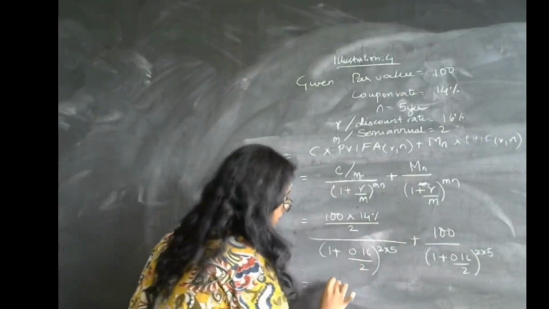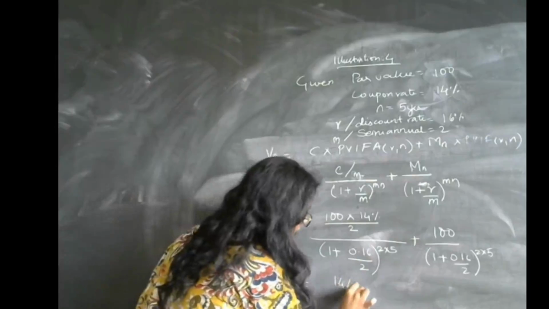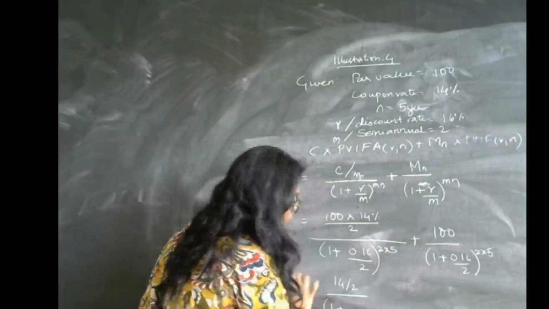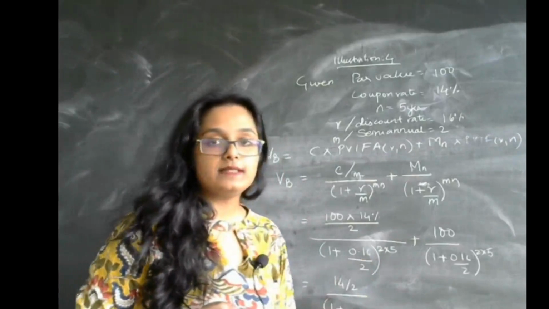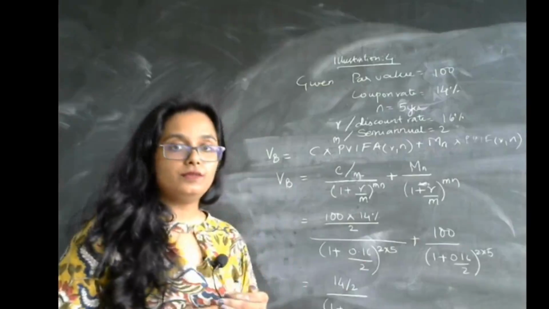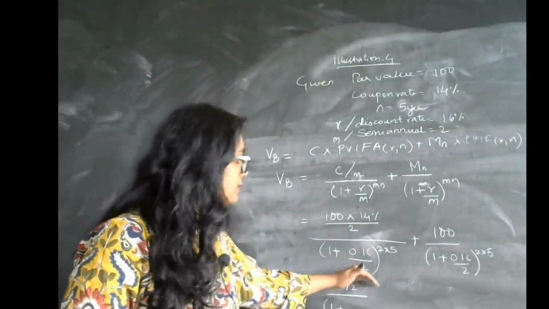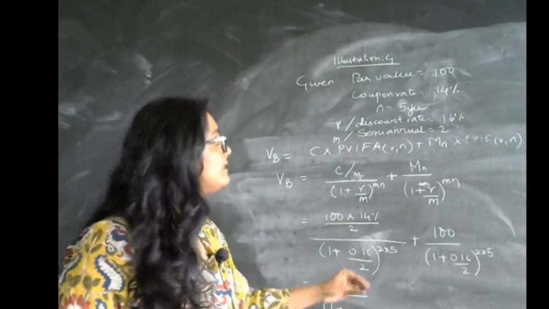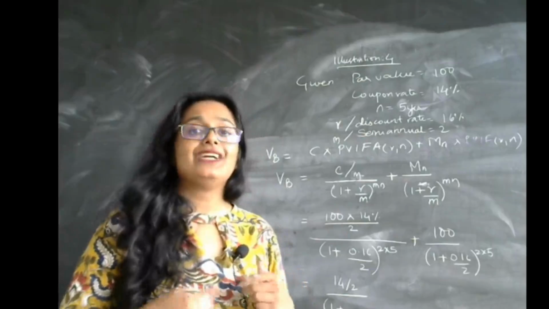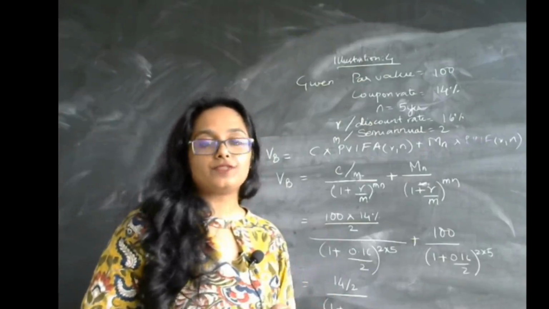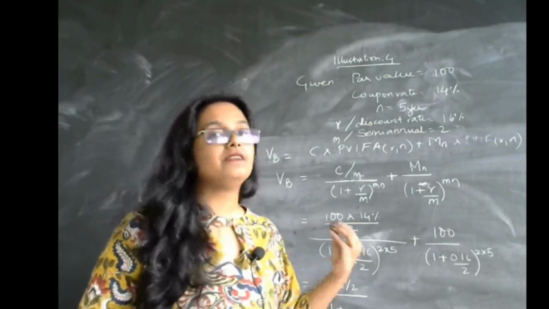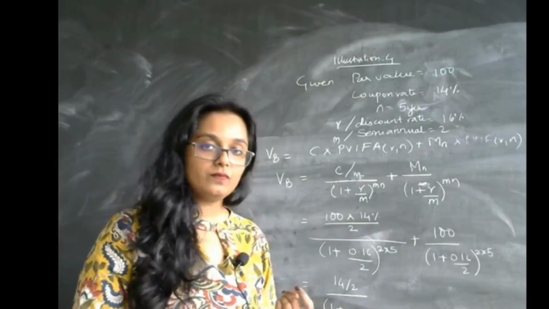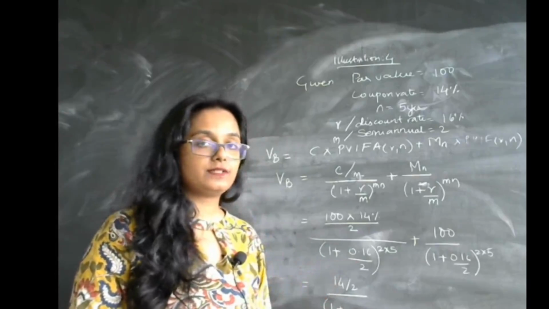This will be 14 divided by 2, and this is going to be 1 plus... Please don't get confused with why we are dividing it with 2. There's a reason, and that is because it is semi-annual. Try to look into the compound interest formulas so that you can understand why we are doing this. I had made it very clear why we are doing this. I hope everything is clear with respect to this problem.